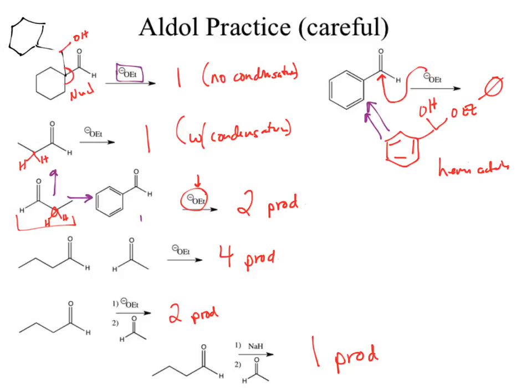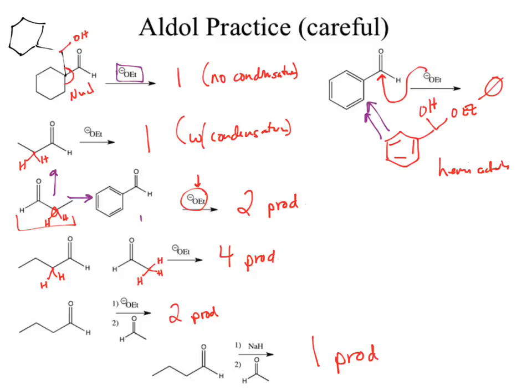And in the next one, where do I have alpha hydrogens? There's alpha hydrogens. There's 5. Okay. So do I have enough to do the condensation? Yes. Which one is my nucleophile?